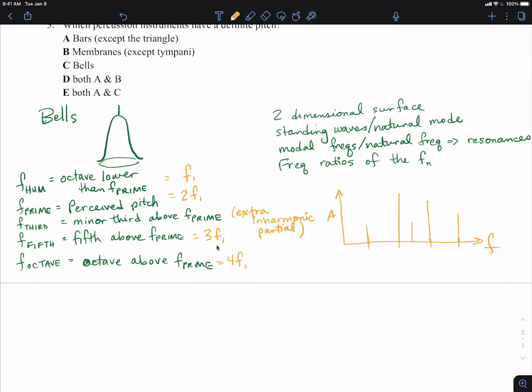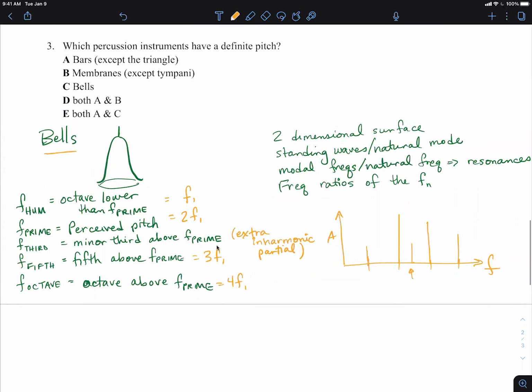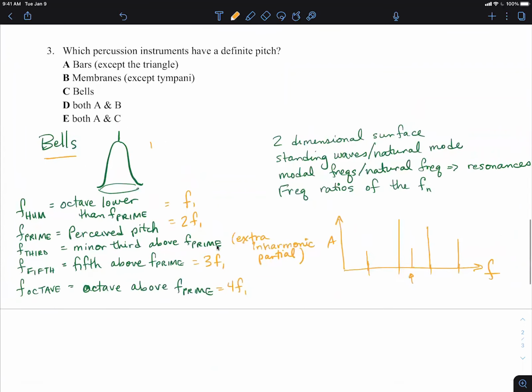So you have this one extra inharmonic partial for a bell, and that's what makes it sound like a bell. And that has to do again with the modal structure, the modes, the natural resonances of the bell shape. Bells do have definite pitch as well.